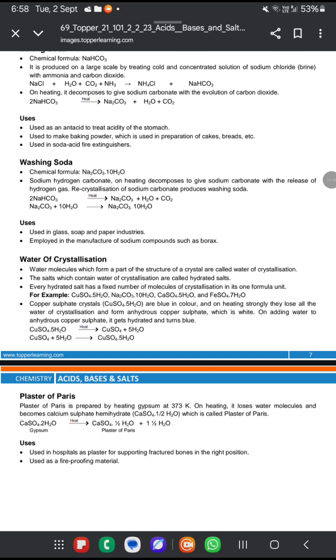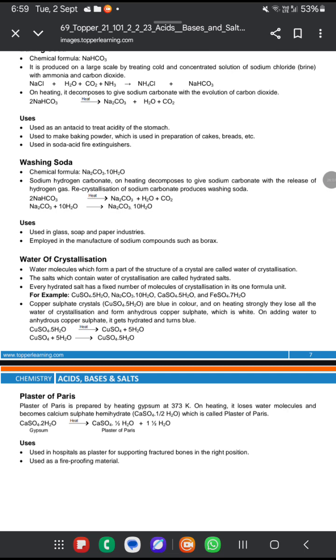On adding water to anhydrous copper sulfate, it becomes hydrated and turns blue. CuSO4·5H2O on heating gives CuSO4 plus 5H2O. CuSO4 plus 5H2O gives CuSO4·5H2O.